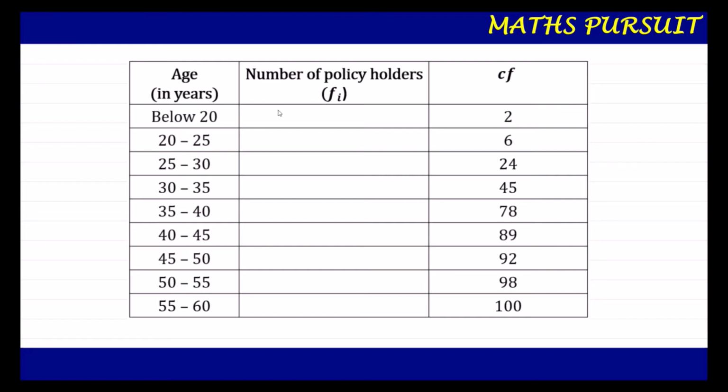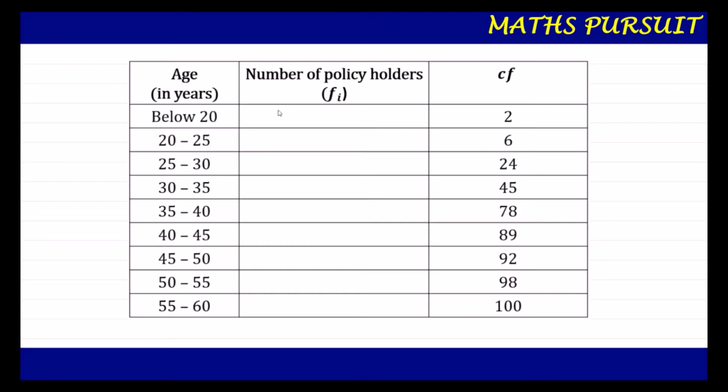If you see, these numbers keep on increasing, 2, 6, 24, 45, 78. These numbers are not haphazardly written. So this gives us a picture that they have given us the cumulative frequency, and we need to find out the frequency.